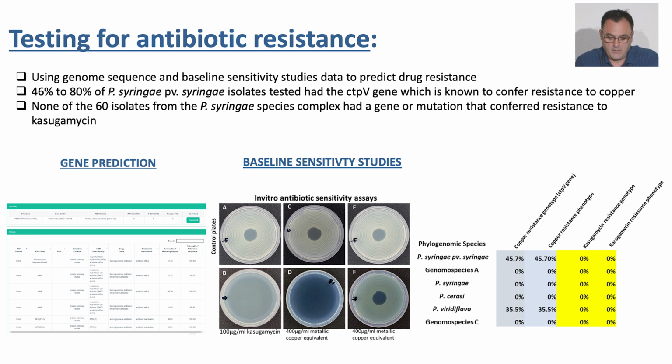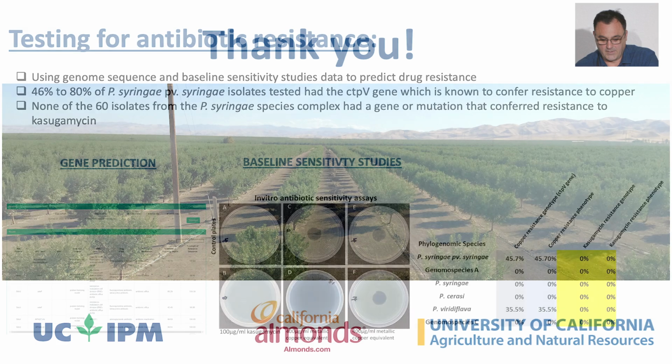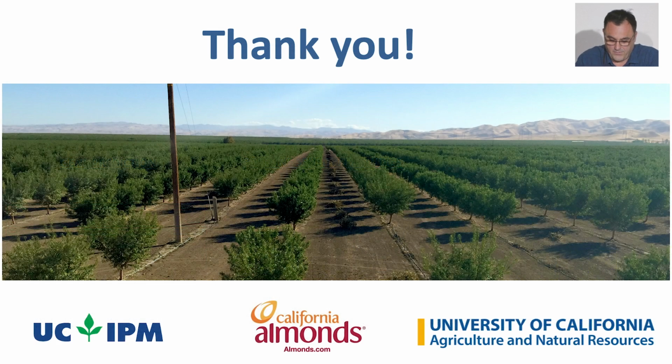Our work as pathologists is also to look at the susceptibility of the natural isolates of this disease, to be at the forefront of resistance detection that could lead to new disease emergence. Okay, so with this, thank you all for being here, and the Almond Board of California for having supported some of this research. I'll be glad to take any questions if there are any.